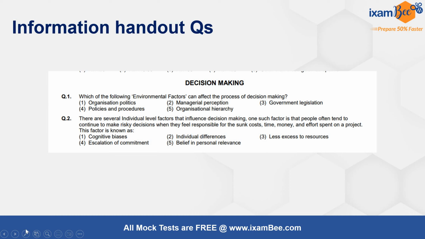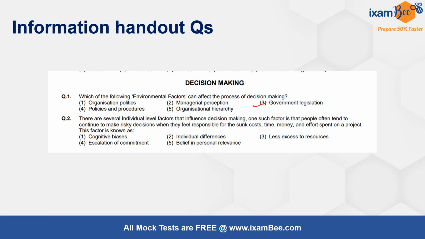The second question here was related to bias. They had asked: there are several individual level factors that influence decision making. We know that there are cognitive constraints, biases, and judgment errors, because humans are making decisions, so they have certain factors impacting their decision making.